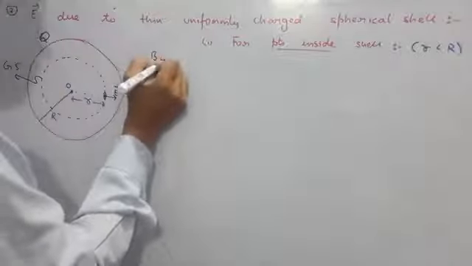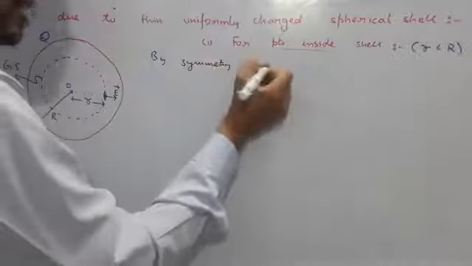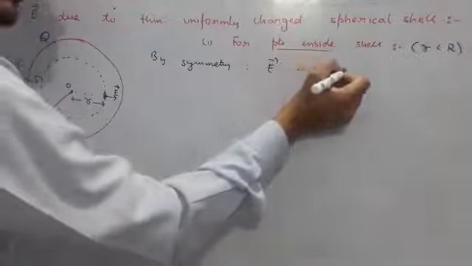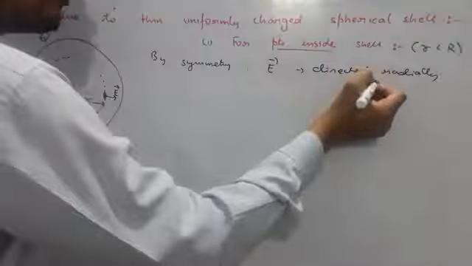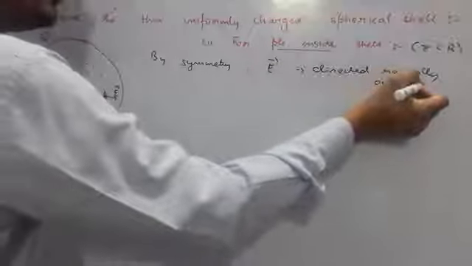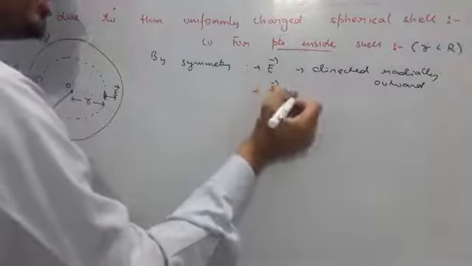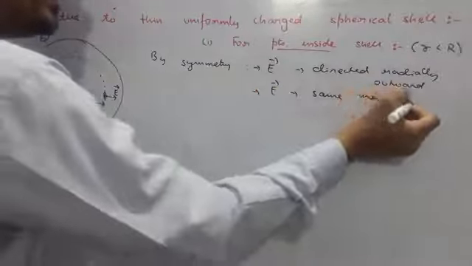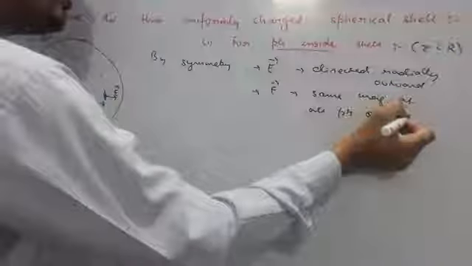So by symmetry, we will again write that particular statement. By symmetry, electric field seems to be directed radially outward, number one. And number two, electric field seems to have the same magnitude at all points on the Gaussian surface.